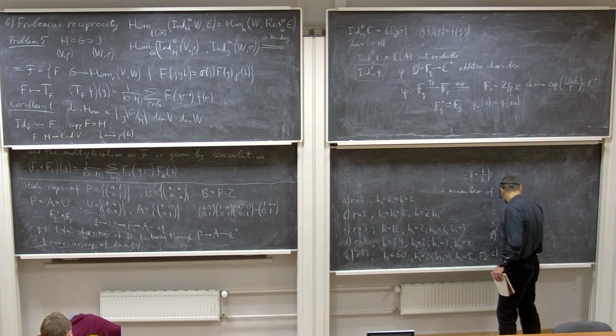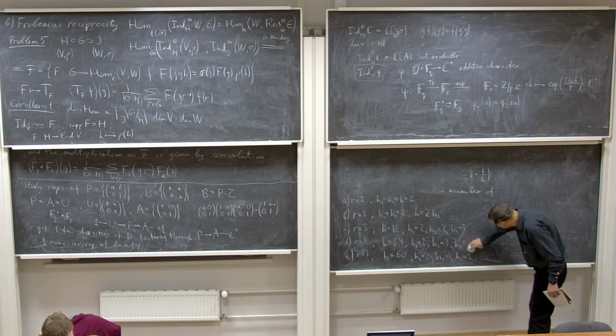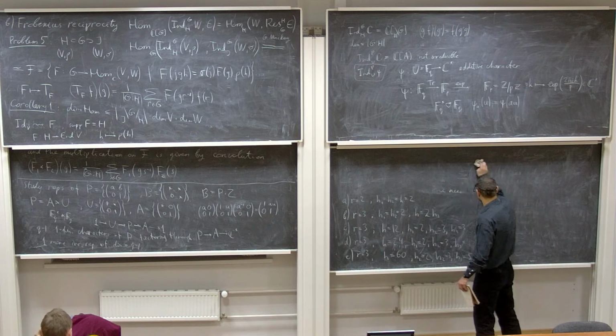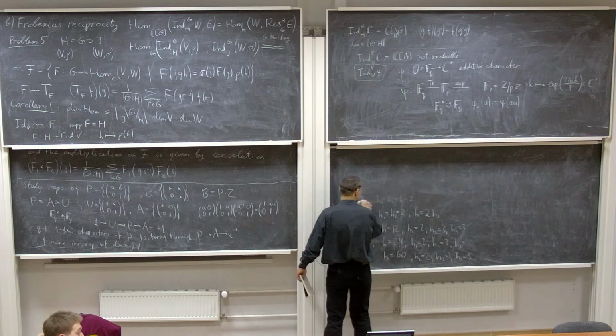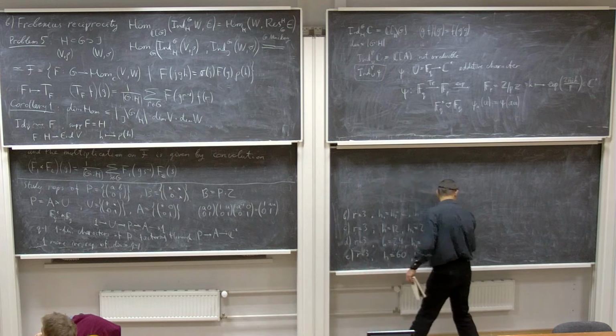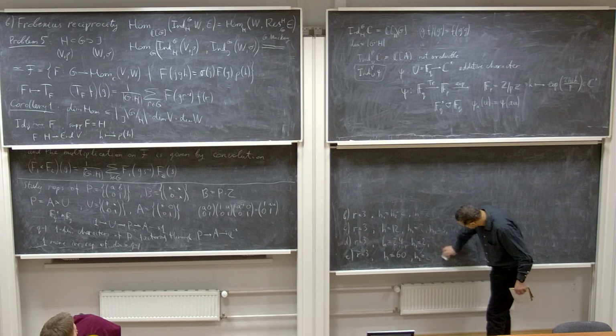But then you can act on this subspace by the elements of the ambient group G, and you will obtain some other subspaces.